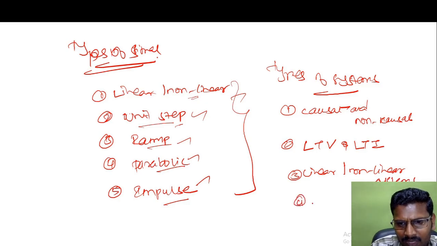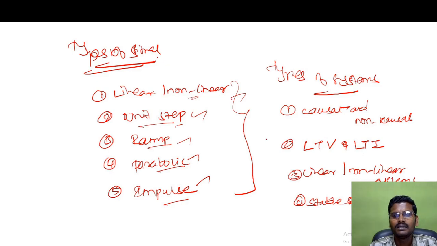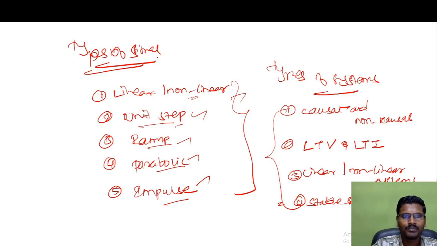Next one, stable and unstable systems. So these are all the basic types of systems, right? So in this class we have seen the definitions of signals and systems, examples of signals and systems, and types of signals and types of systems.